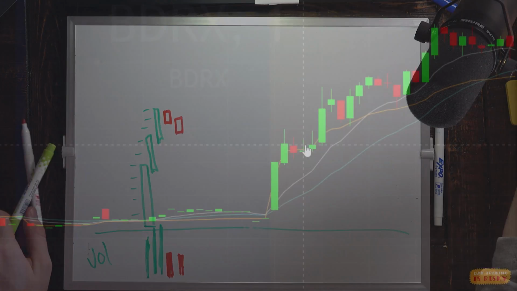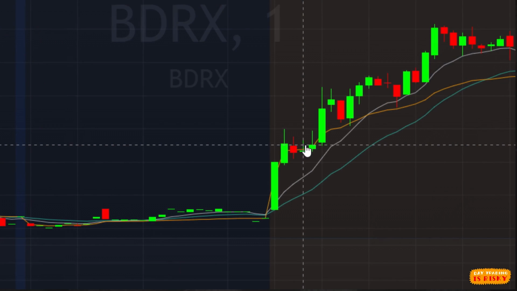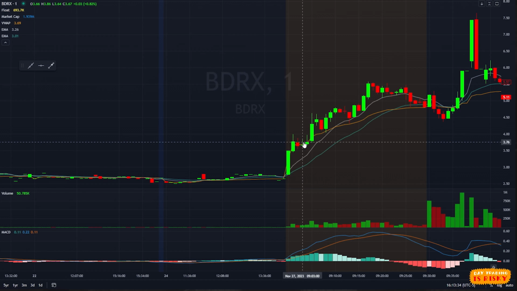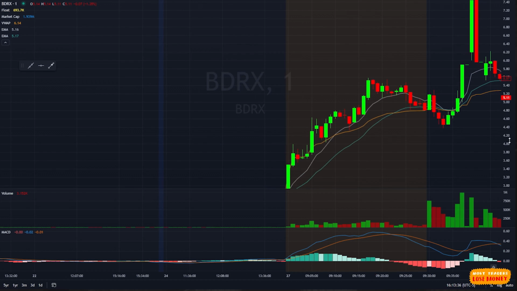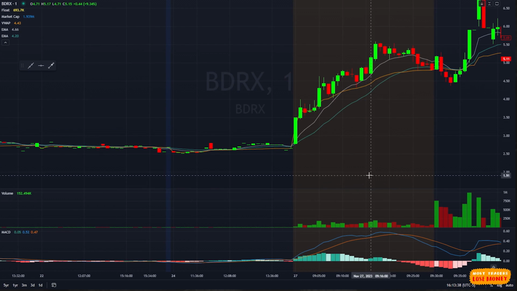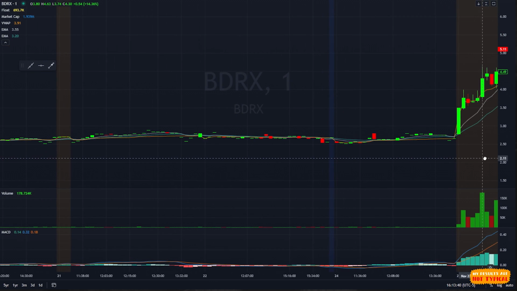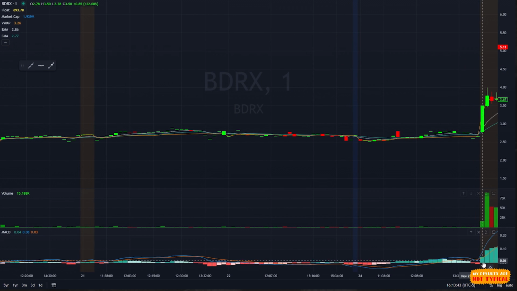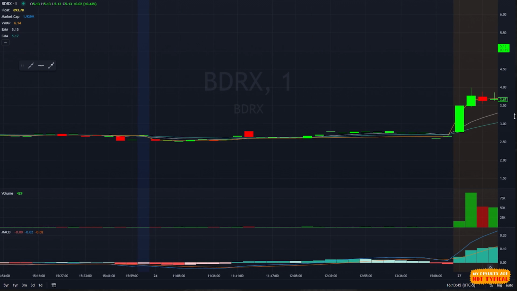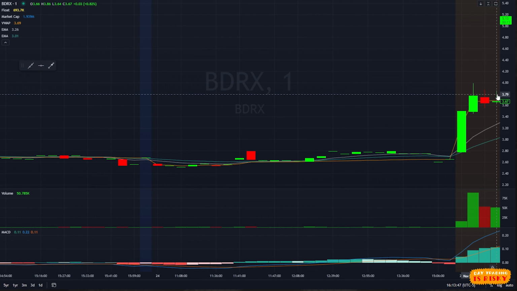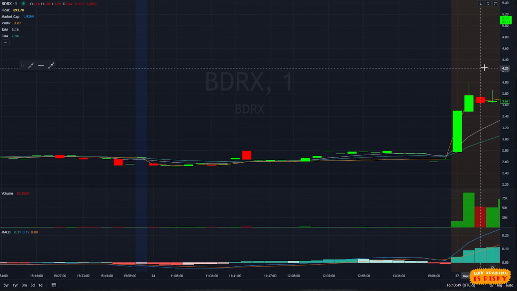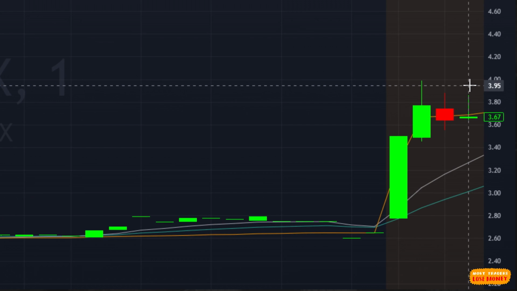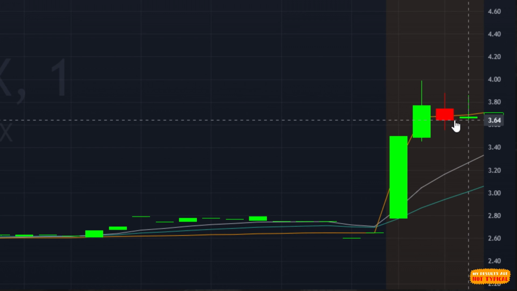Now, if we look at the chart for this stock this morning, our case study, I'll back out. What you'll notice is that this didn't have the perfect profile, and that was partly because of this candle right here. Let me zoom in on it. There's a problem with that candle.